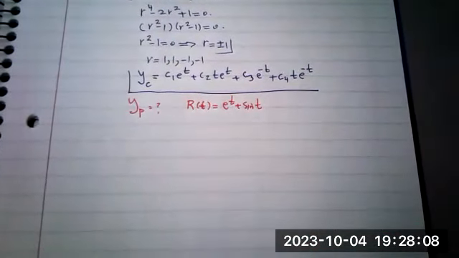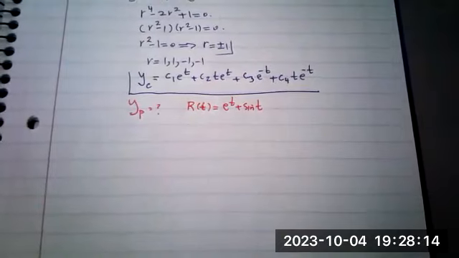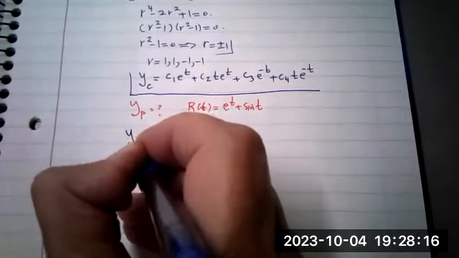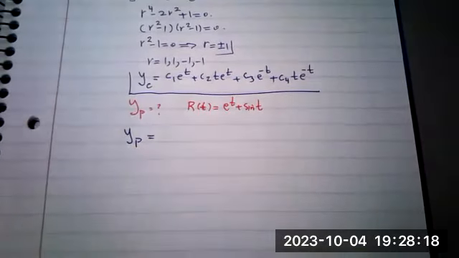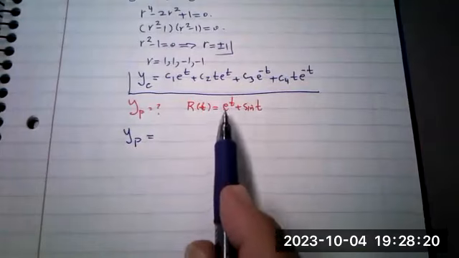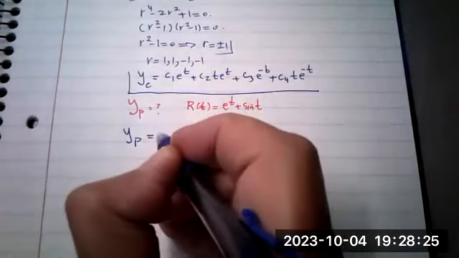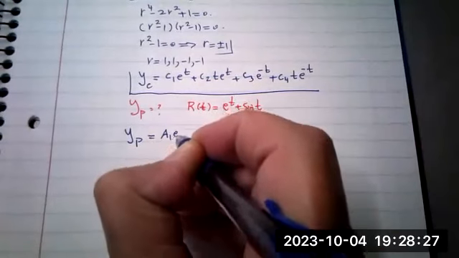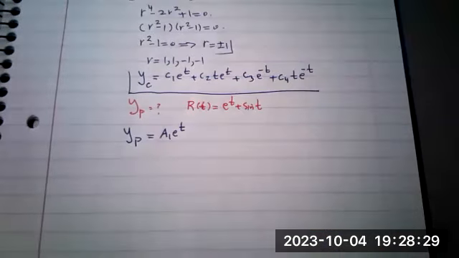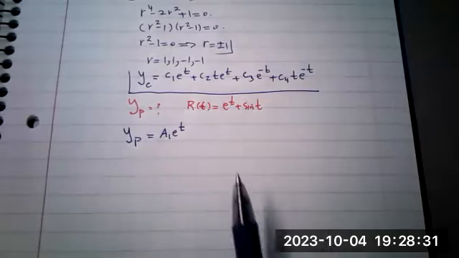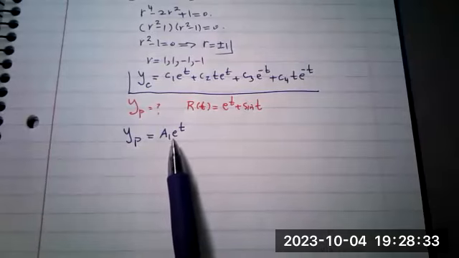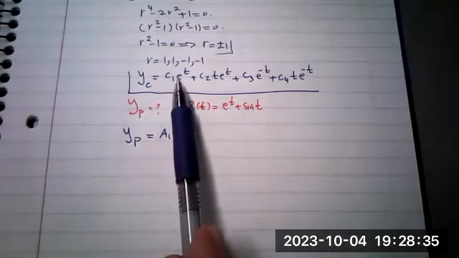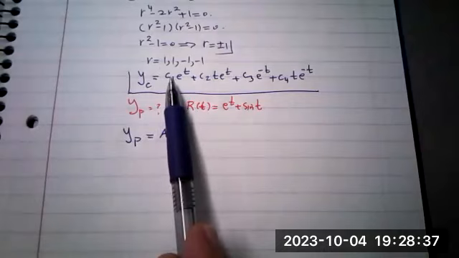So you have to write 1 for the e to the t and 1 for the sine t. yp equals, for e to the t, the coefficient is a constant, so it's going to be a constant polynomial: A1 e to the t. Check to see if it's repeated. You see, a constant times e to the t, a constant times e to the t, so we have to upgrade it.